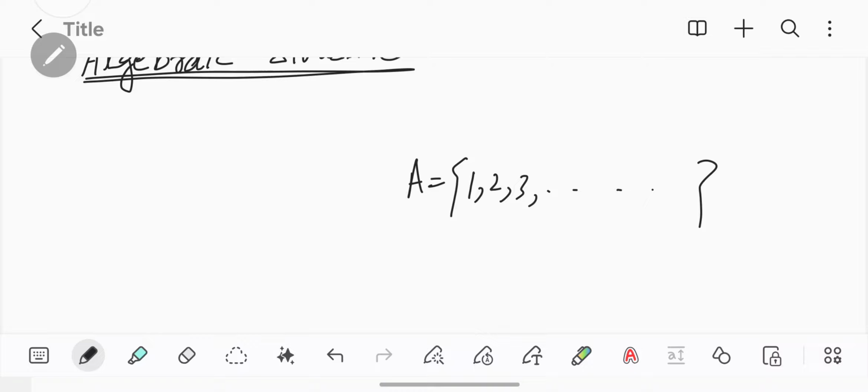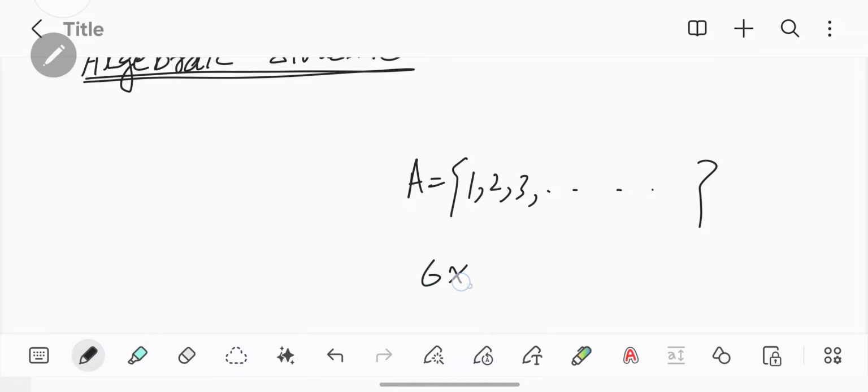Similarly, if you want to define another binary operation, you can define it. For example, if you want to define multiplication, you can check that if you multiply any of these numbers, you will get a new number which will again be in this set. For example, if you multiply 2 and 3, you will get 6, and 6 is here.